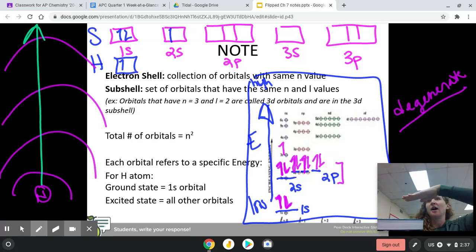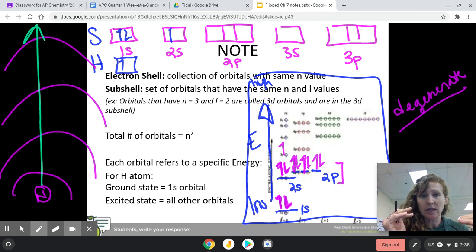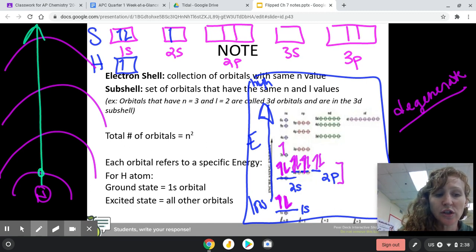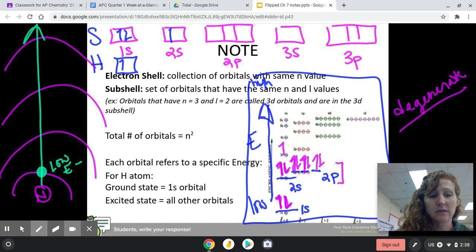The higher up you stack things, the higher the potential energy is, right? So closer to the nucleus, lower energy, more stable. That's kind of the connection you should go. So closer to the nucleus, lower energy, more stable.